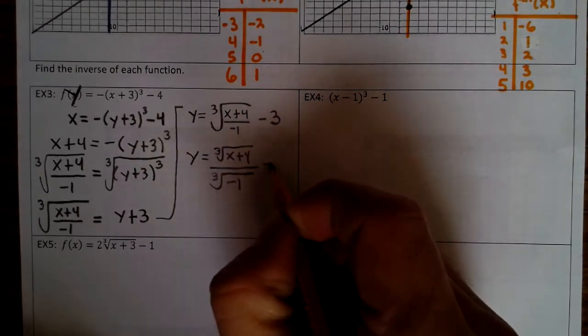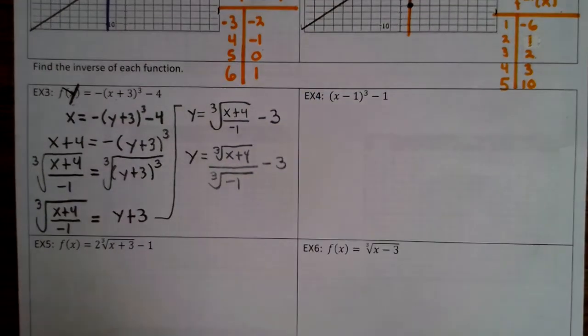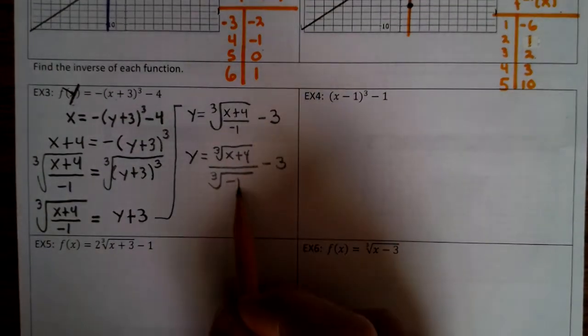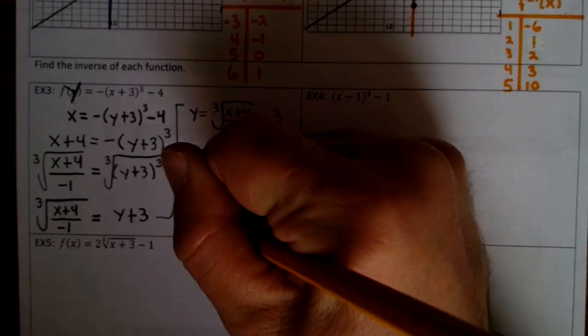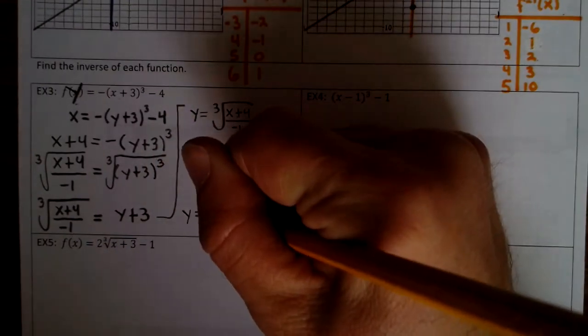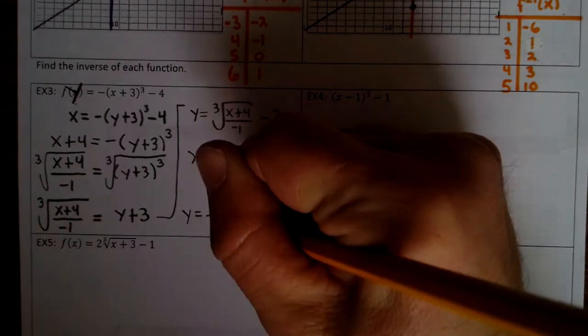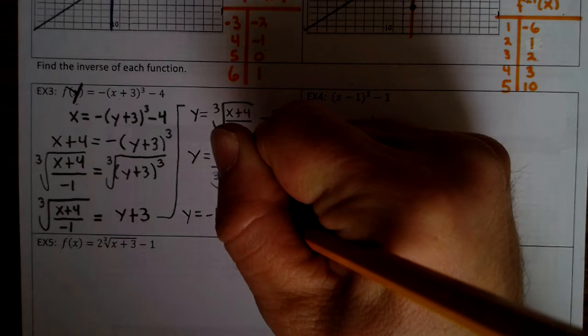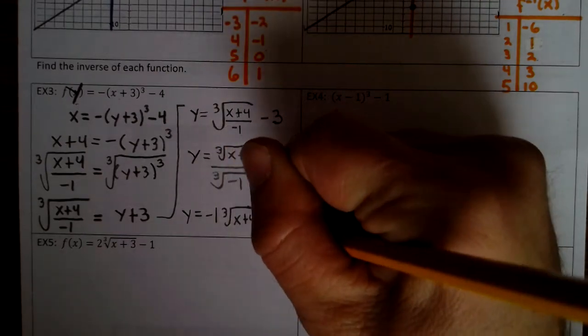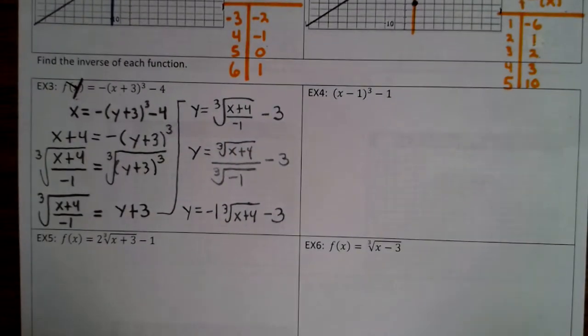So we have y equals the -1 times the cube root of x plus 4 minus 3. And that one kind of looks confusing, so it'd almost be easier to write negative like that.